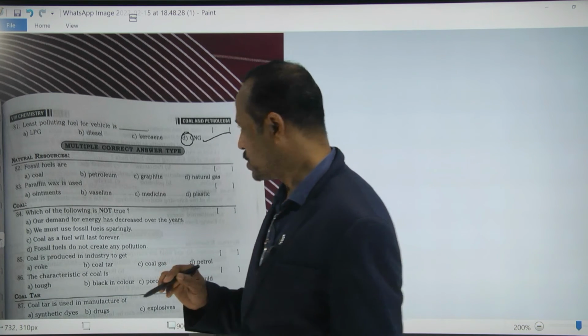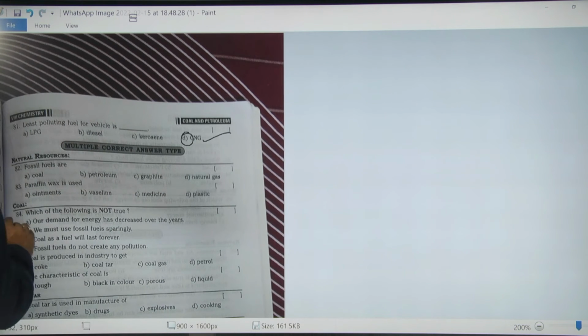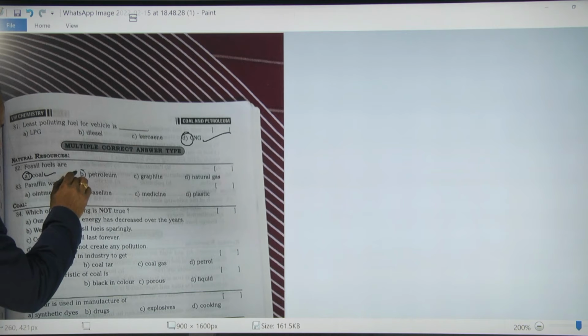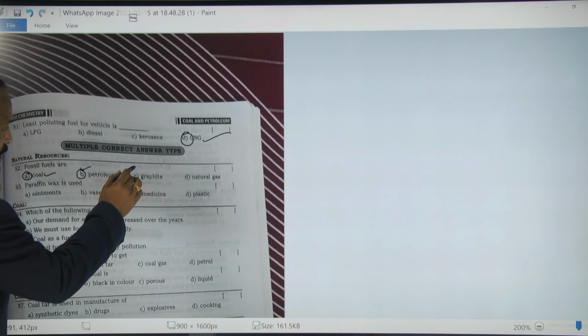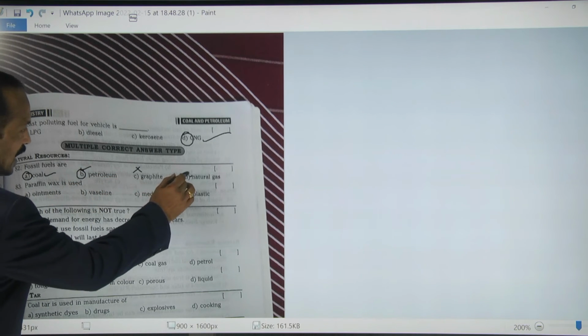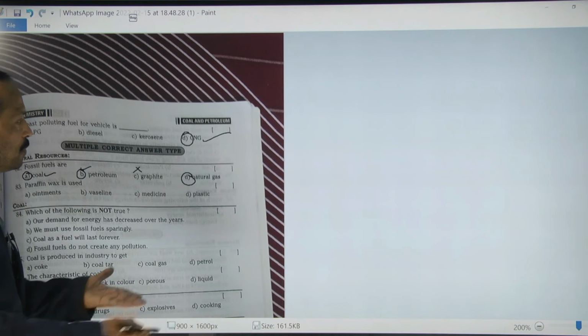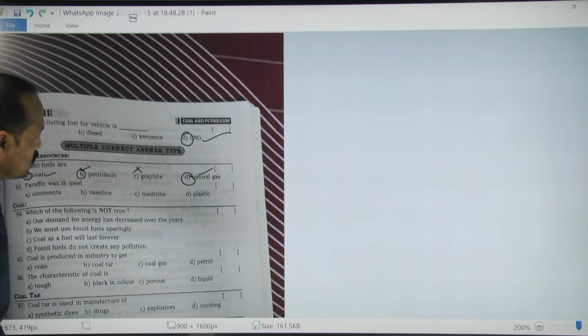So now we have to check. Does coal come under fossil fuel? Yes. Petrol comes under fossil fuel? Yes. Graphite? No. Natural gas also forms along with petroleum, so we can give that one also.